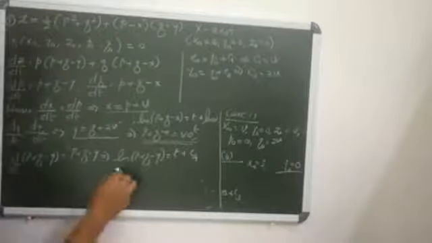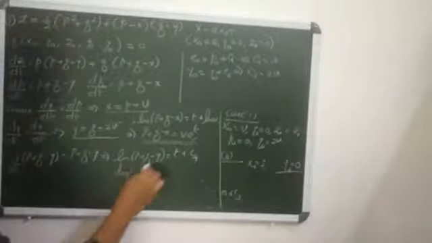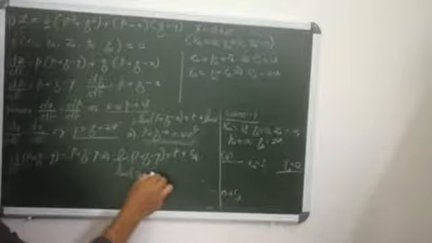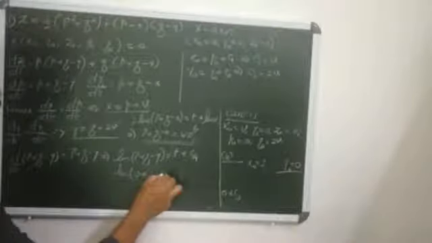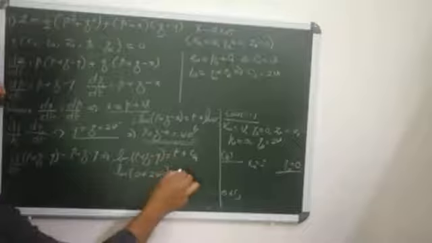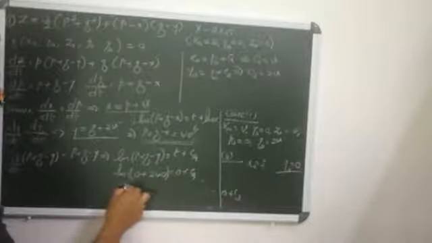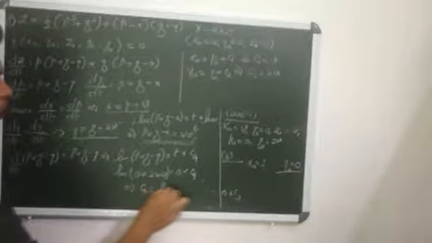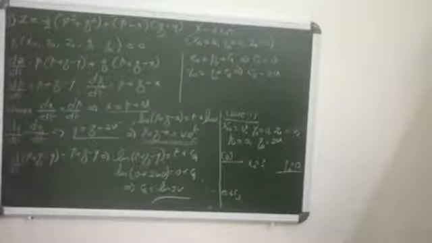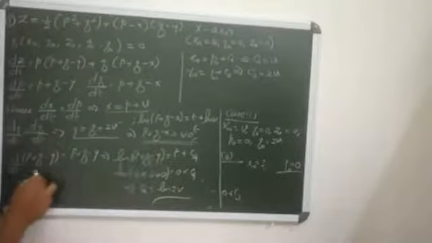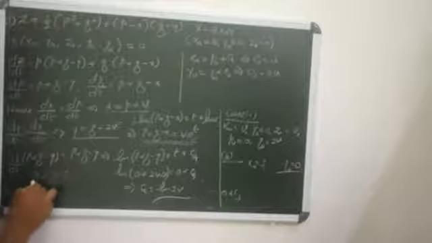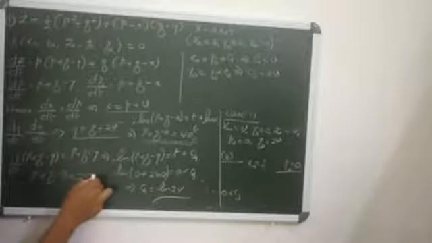By using initial conditions, p naught is 0, q naught is 2v, y naught is 0, equals 0 plus c4. So c4 equals log 2v. So p plus q minus y equals 2v into e power t.